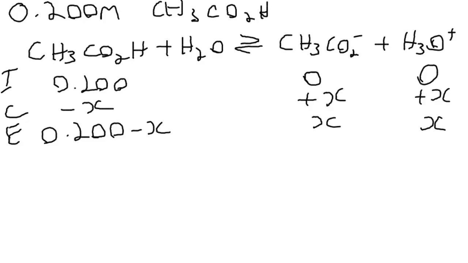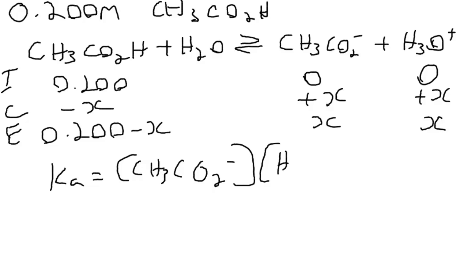Now the Ka value is going to be products over reactants, so acetate, CH3CO2 minus, times the H3O+ concentration.